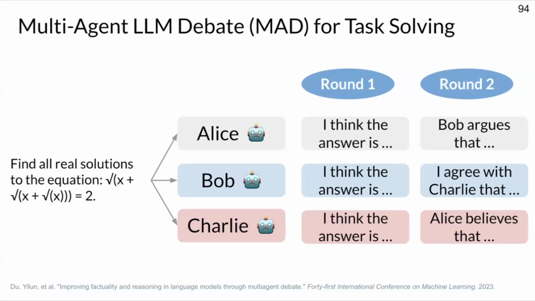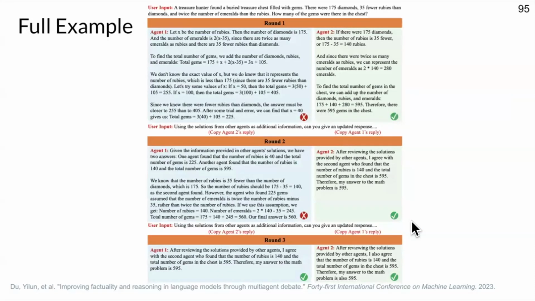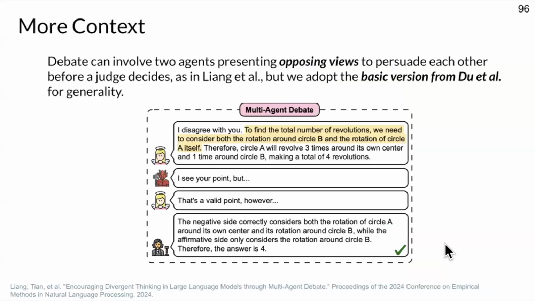Then in round two, they try to point out the errors in each other's statements or endorse some solution steps by other agents. One example here is a 2023 paper by Du et al., which looks at how the agents' reasoning changes after multiple rounds of debate. You can see sometimes they are wrong in the early debates, and then in the last one, they're all correct. So this brings hope, but also some curiosity about under what conditions it works.